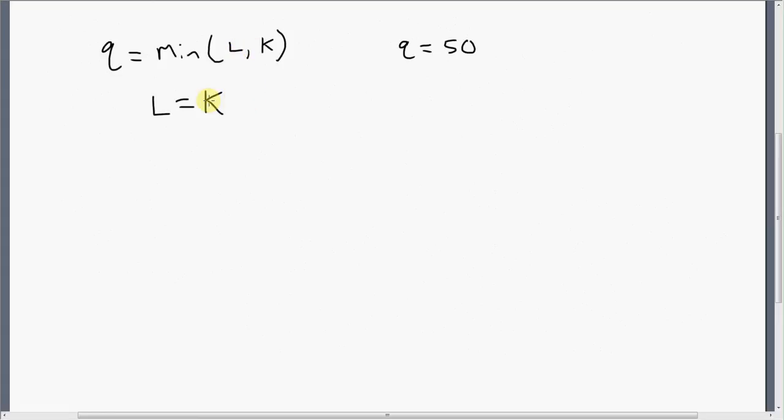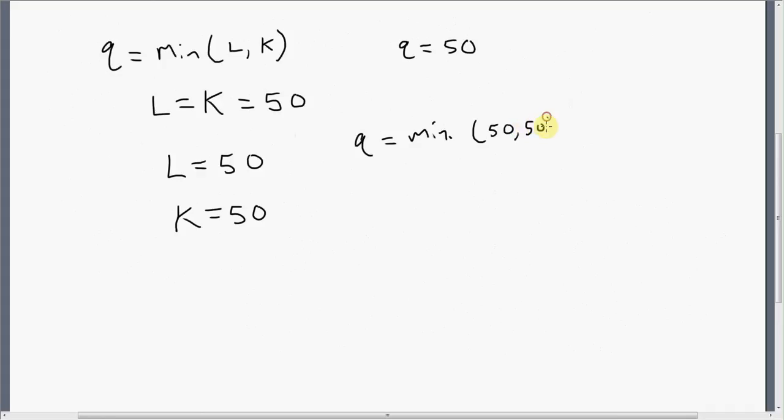We just got L and K here, so I'm going to set them equal to each other, and then set that equal to 50. So in this case, we're going to hire 50 workers and 50 units of capital. That is the most efficient way of producing 50 units of output. And of course the minimum of 50 and 50 is just 50. We get our 50 units of output. Notice here I didn't have to take into account the wages of labor or the price of capital. So this is how you solve these problems.